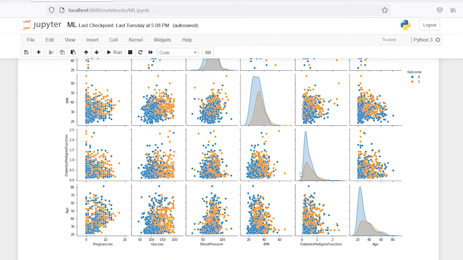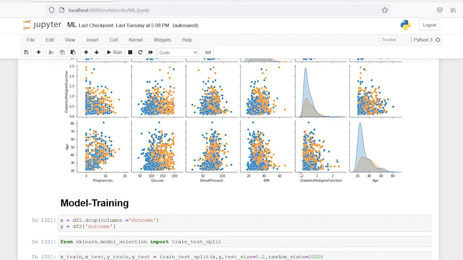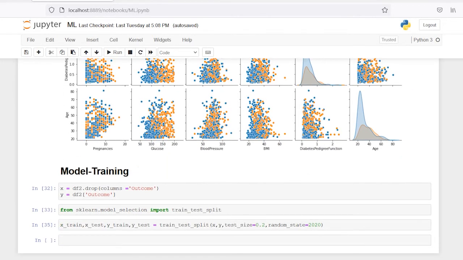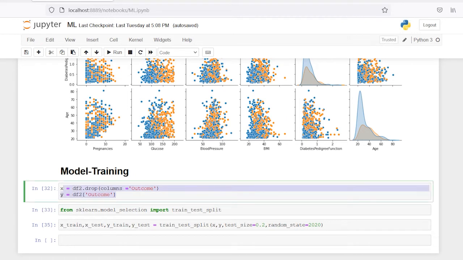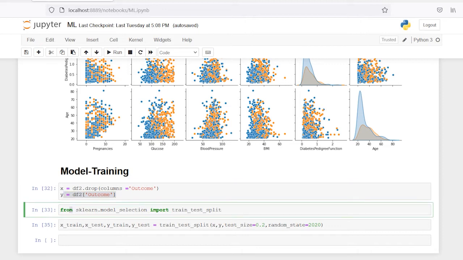to train my models. So coming to the model training part, I have first chosen the independent variables, which are the x, and the dependent variable y, which is my target variable. So I have imported from scikit-learn the train test split function, which I will be using to divide my data into training and testing.